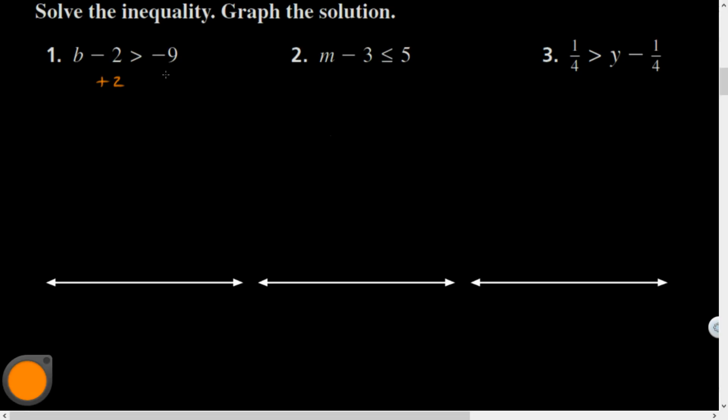I'm getting the B by itself, so add 2. So I'm going to have B. Is it still going to be a greater than sign? Yeah. And Amity, what does the graph of that look like?